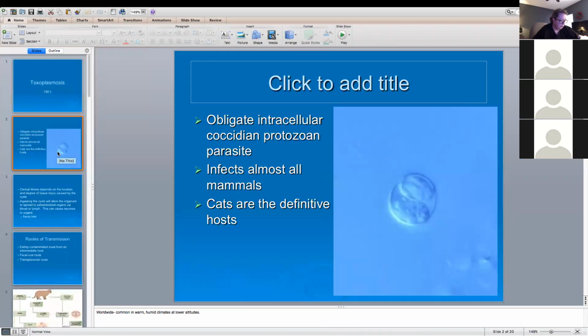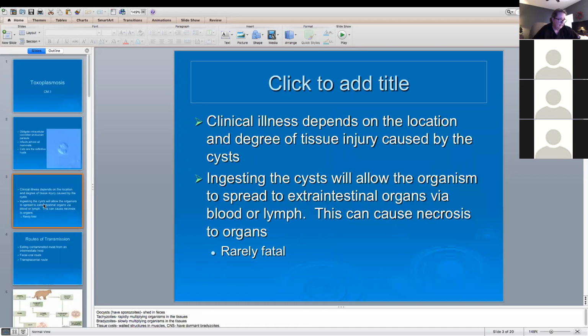And in toxoplasmosis, it says, how is it transmitted? Transmission can be transplacental, fecal-oral, or contaminated meat. Those are the most common. The cat is the definitive host.